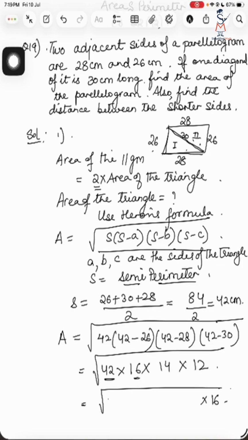42 can be written as 7 into 6. Why am I writing 6?